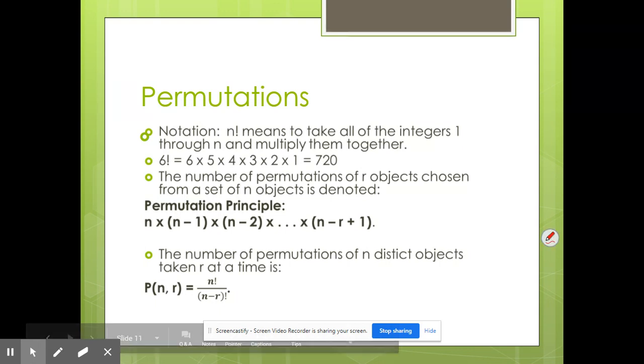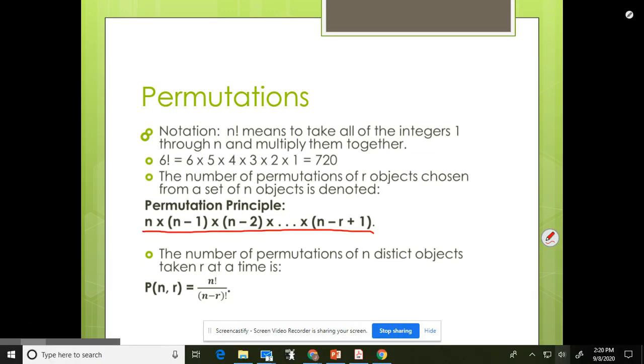So this permutation principle right here. Okay, notice what that is. So the first one was N. If we think permute N R, first one's N. R, basically we just do this R times. It's kind of hard to look at that and understand it, but that's basically what's happening.